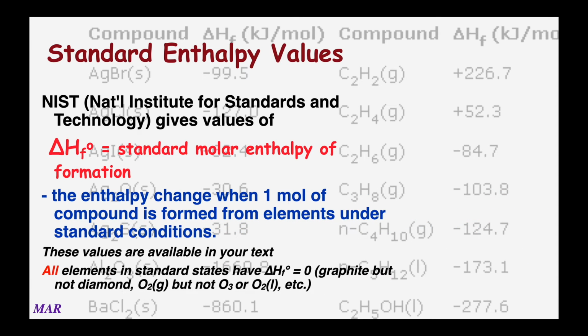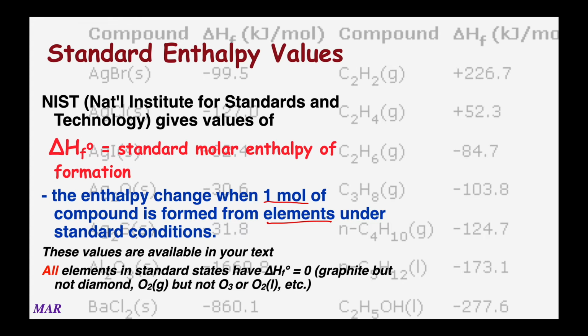It means that you're making 1 mole of the compound, and you're making the compound from elements in their standard states. There are a whole bunch of different delta HF values, and at the end of problem set 5, or in your textbook, or through Google, you can find these delta HF values, and they're super, super important.